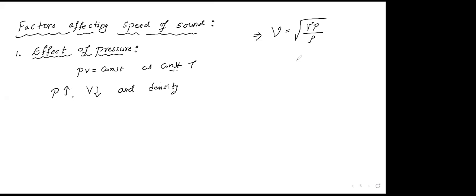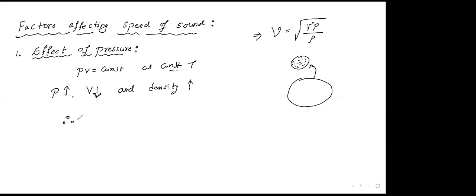See, this is the bigger volume and this is a smaller volume. So here volume is decreasing. Then what happened to the density? The density of the air molecules increases. If pressure increases, volume decreases. If volume decreases, density will increase by the same factor.